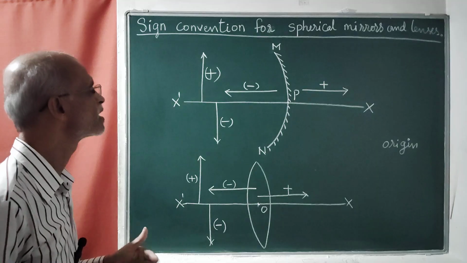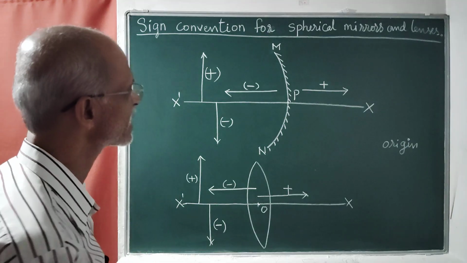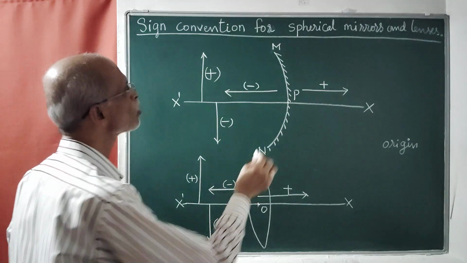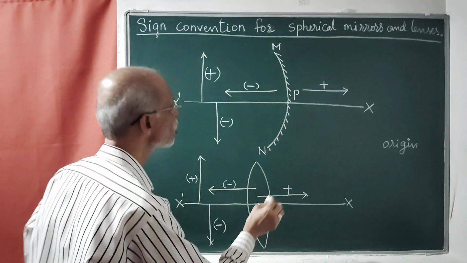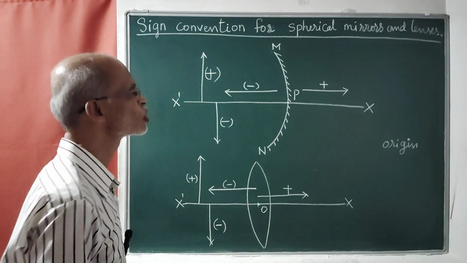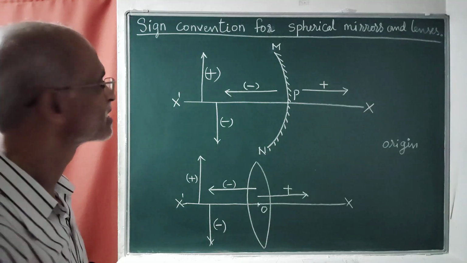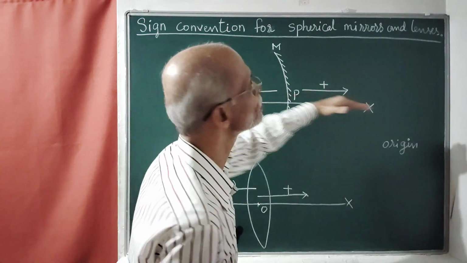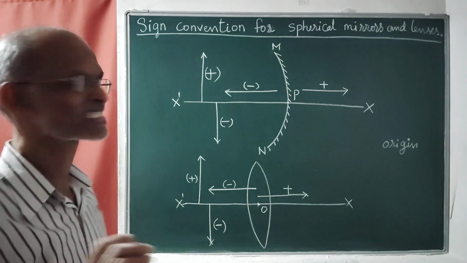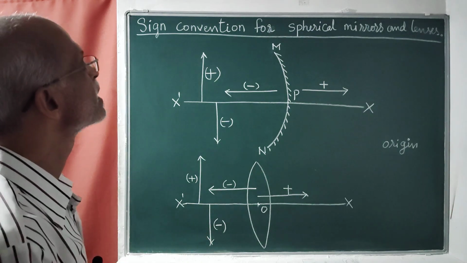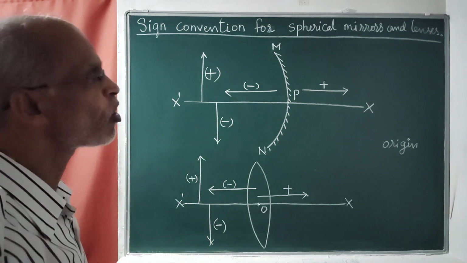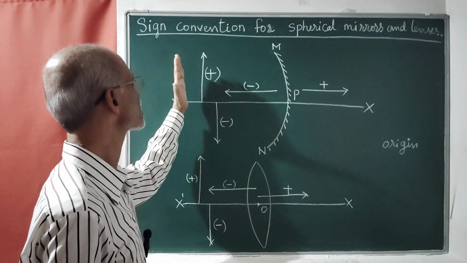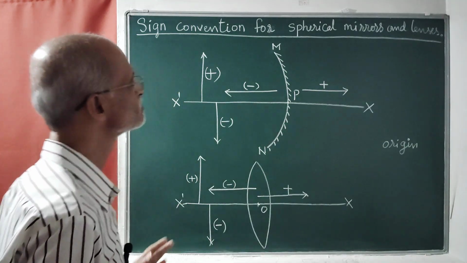So I will repeat it once again. The pole of the mirror or the optic center of the lens should be taken as the origin, and the principal axis should be taken as the x-axis, and always the object has to be placed on the left side of the mirror or the lens.